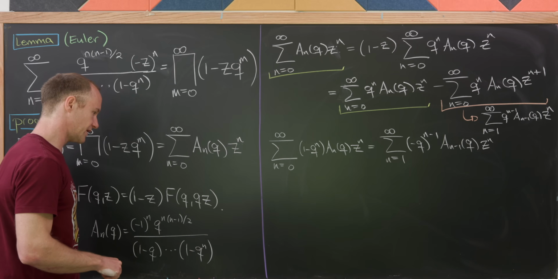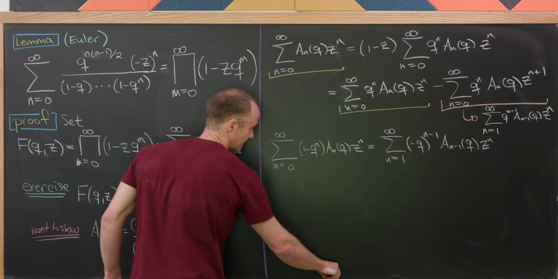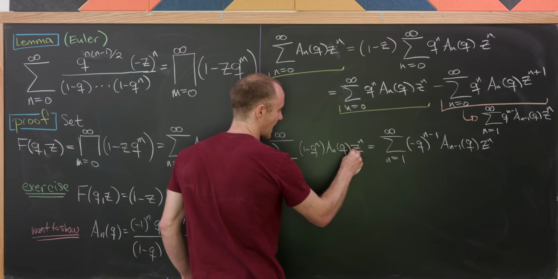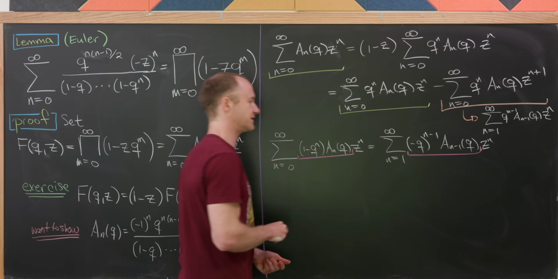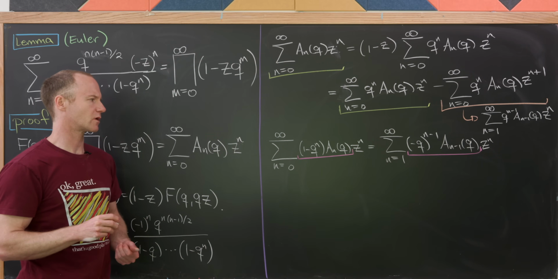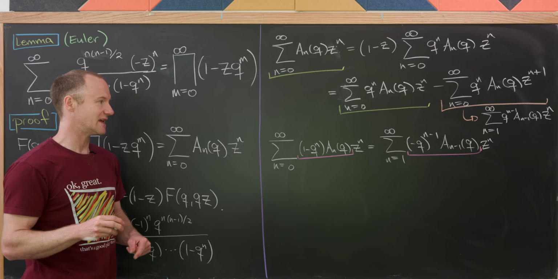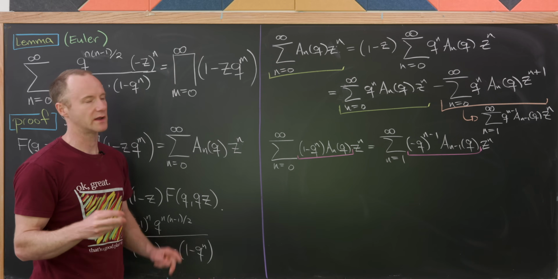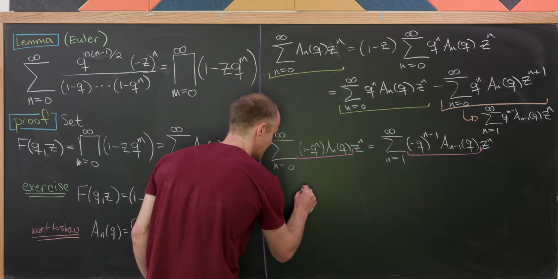And then from here, we're going to do, well, the standard thing that we've done a couple of times already, and that is extract the coefficients of z to the n from both sides of this equation. So keeping in mind that this is only going to work for certain values of n and so on and so forth, I guess n needs to be bigger than or equal to 1. That's our only restriction.